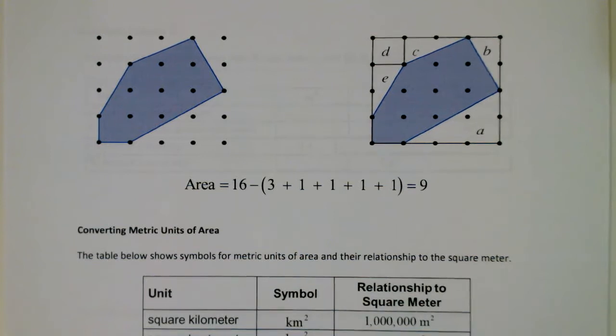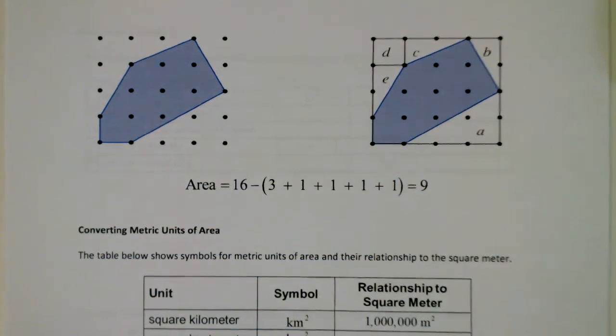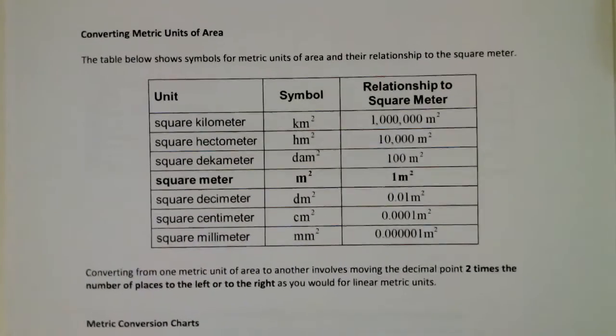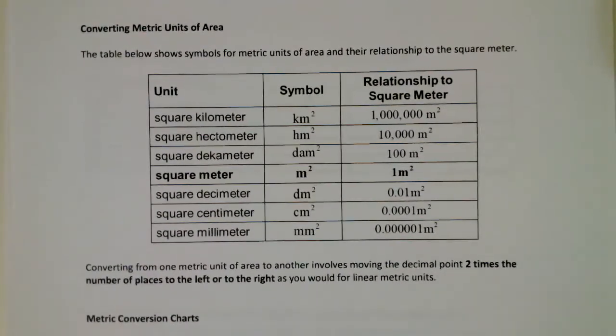Okay. Now let's look at units of area. Mainly metric units of area is the one that we're going to look at in this section. So here we're going to talk about converting metric units of area. The table below shows symbols for metric units of area and their relationship to the square meter.